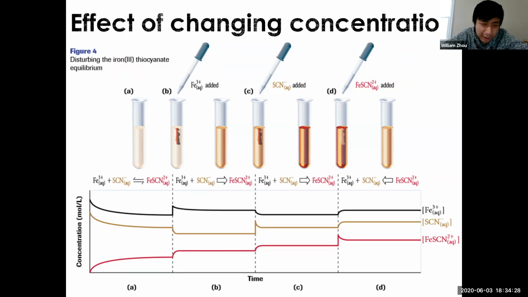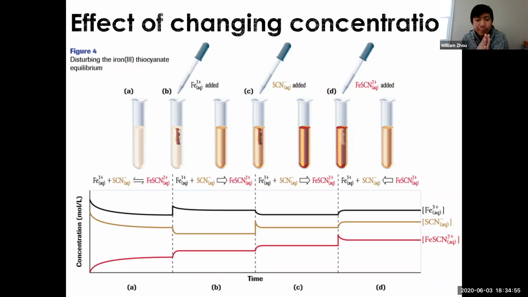What's surprising is if you add more pale iron ions, you will make the crimson color even darker than before. You increase the shade of redness because of Le Chatelier's principle. If you look at the graph in figure B, if you spike up the concentration of iron, then Le Chatelier's principle will seek to reduce the concentration of iron.